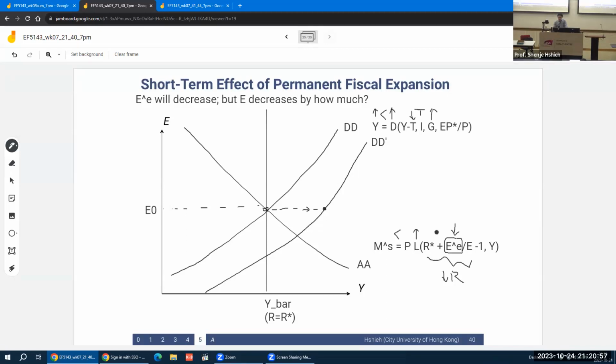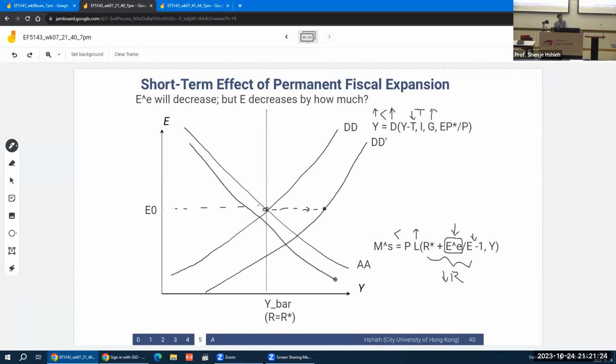This will make the right-hand side greater than the left-hand side, and the only way to restore it is if E gets smaller, right? To undo everything. And we're saying that E doesn't decline as much, right? If E doesn't decline as much, then we're talking about a scenario like this, right? Maybe it decreases by this much, right?